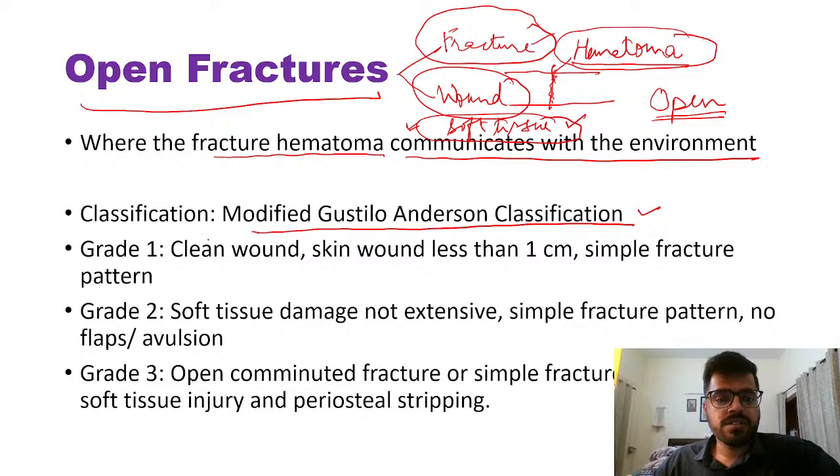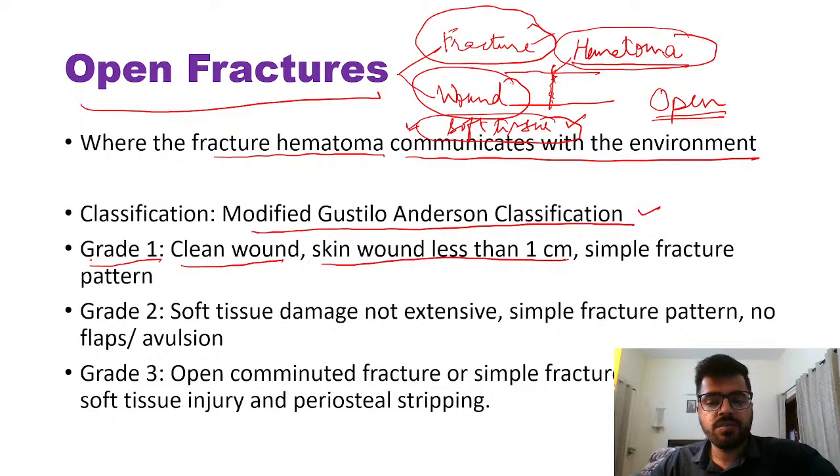This has been taught since childhood, I mean MBBS days. So there's a grade 1 fracture, which is a clean wound, and the skin wound is less than 1 centimeter. These dimensions are usually arbitrary, but the thing is, there's a simple fracture pattern, clean wound, and usually less than 1 centimeter.